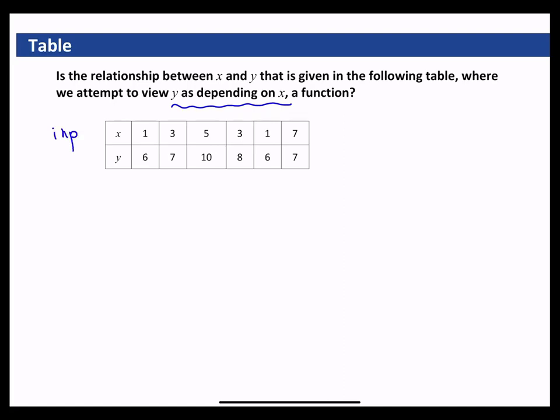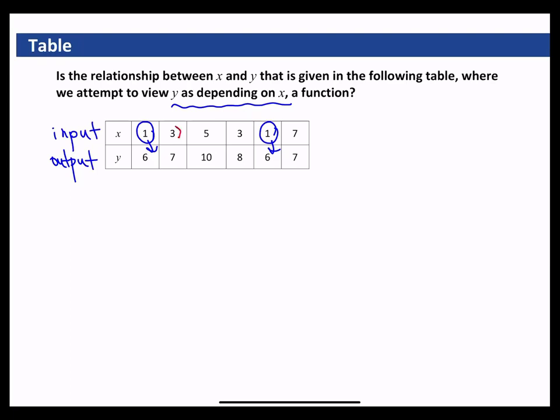Okay, so I would think about this then. I'm looking at my inputs and I see a 1 here and I see a 1 here. So do those ones have the same output? Oh, actually they do, right? As it turns out, they both have an output of 6. So, okay, that doesn't really make any difference. But now I'm going to look at my 3s.